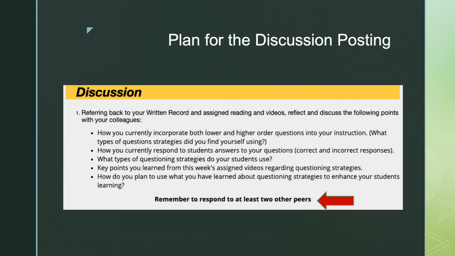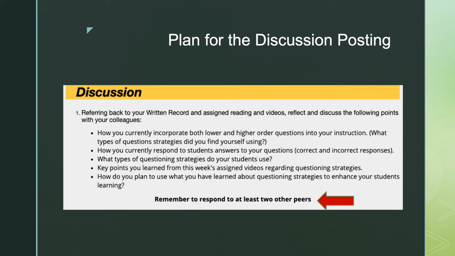So let's look at your discussion posting. Make sure that you have read these instructions of what the guiding questions are about the discussion. And if you'll notice the red arrow, make sure that you respond to at least 2 other peers as part of your discussion. This semester, everything is due at the same time.